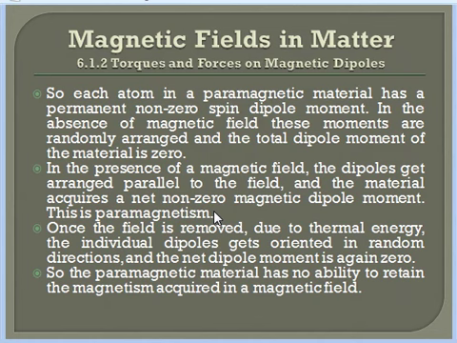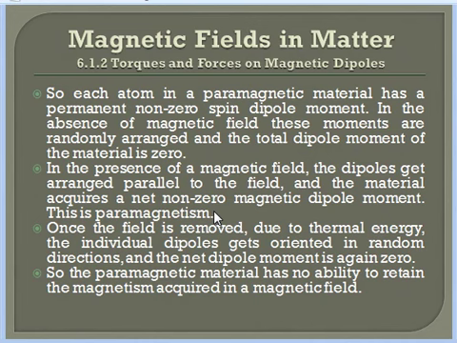Now, suppose the magnetic field is removed. If the external magnetic field is removed, then the individual magnetic dipoles again become randomly oriented because of the temperature. So due to the thermal energy, they again become randomly oriented, and the net dipole moment of the whole material will be again zero.